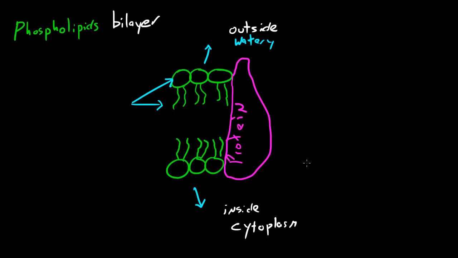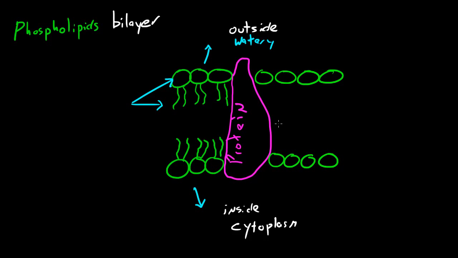Now, again, as you can see, the proteins are kind of embedded in the phospholipid bilayers, and they aren't just stuck there. They actually float around your entire cell membrane. But for right now, it's easier to draw if I just draw it embedded like that. So the next part I guess we want to talk about is, it'll probably be easier if I draw some more of these because that's kind of what they look like.